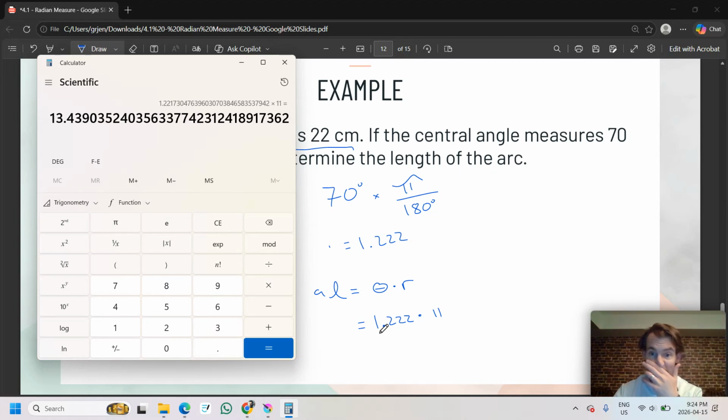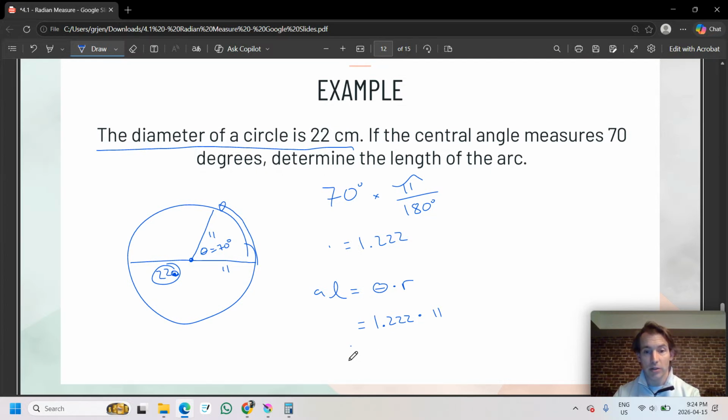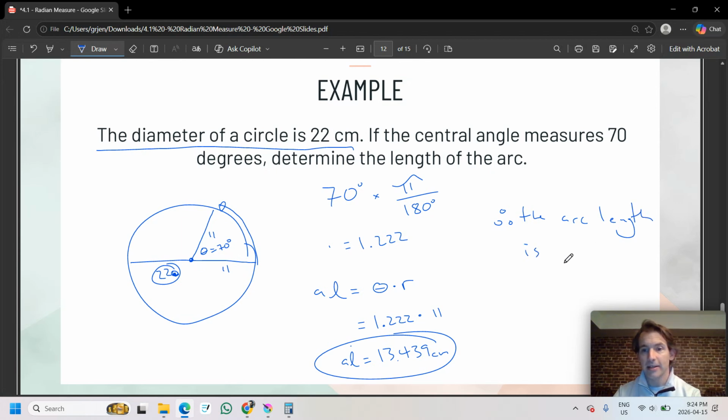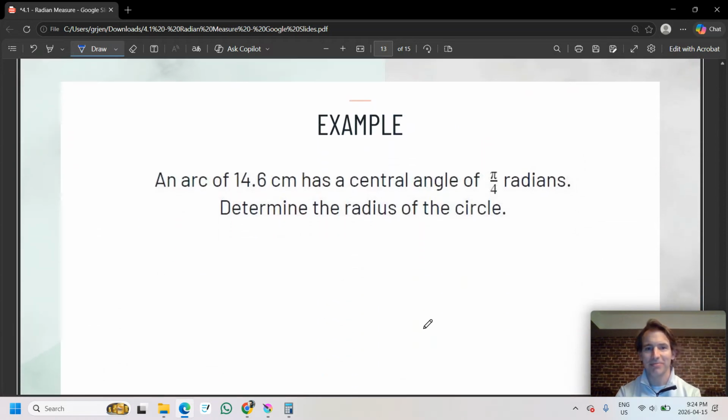Use the exact value and only punch on your calculator once. 13.439, so the arc length is equal to 13.439 centimeters. And then we'd write a sentence, therefore, the arc length is 13.439 centimeters. Keep going.